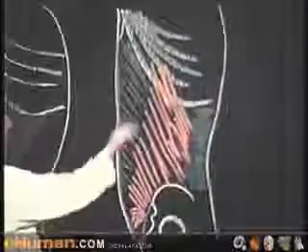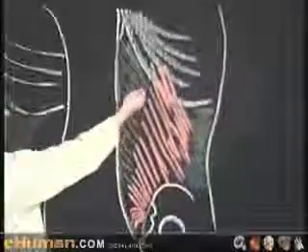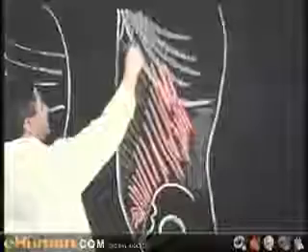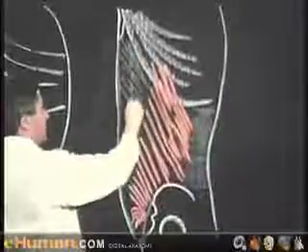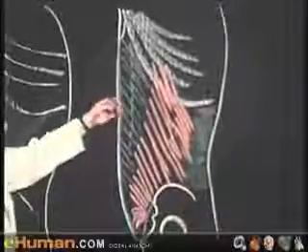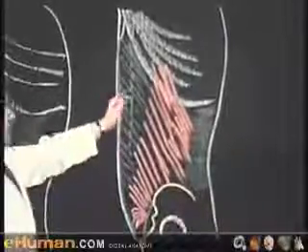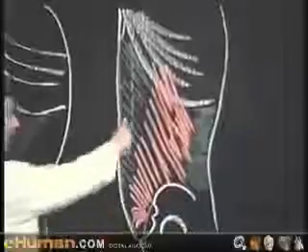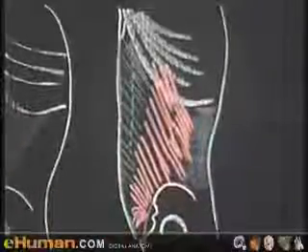The difference between these two muscles is that the aponeurosis here of the internal oblique splits down a line which is lateral to the rectus abdominis. One part of the aponeurosis goes deep to the rectus abdominis, and another part goes superficially to help to form the rectus sheath.